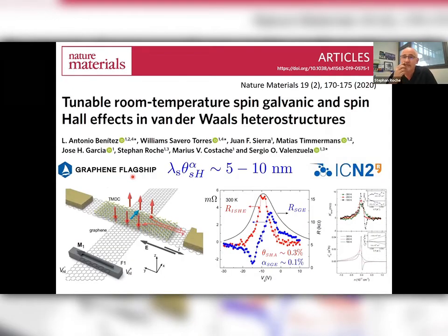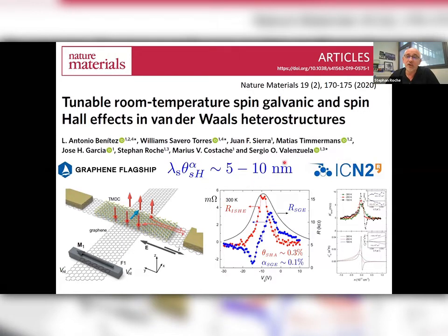This was realized shortly after by the group of Sergio Valenzuela, in which an unambiguous signature of the spin-Hall effect was reported, and in addition, a gate dependence of the spin-Hall angle could be evaluated. And in this case, the measurements were done up to room temperature.